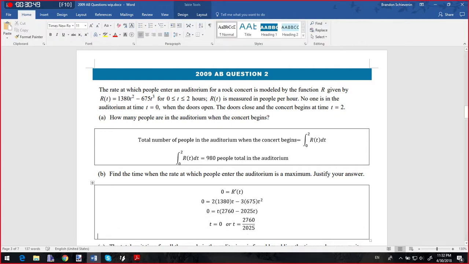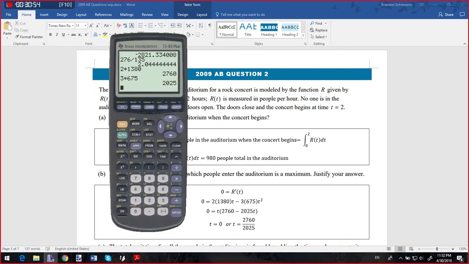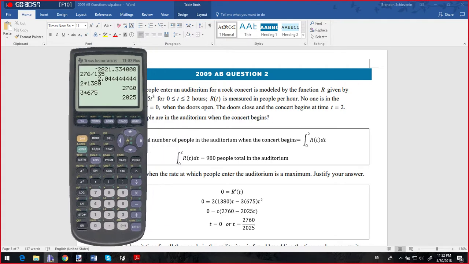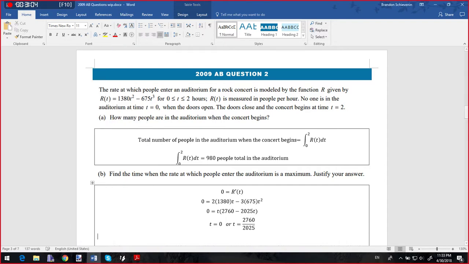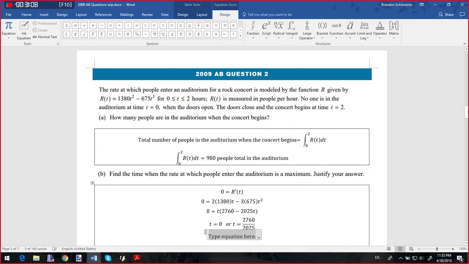Okay, so let me go up into the calculator really quick, and I think I'll do a first derivative test this time. That way we don't have to derive this again. So if I plug in r prime at 1, will this slope end up being positive or negative?